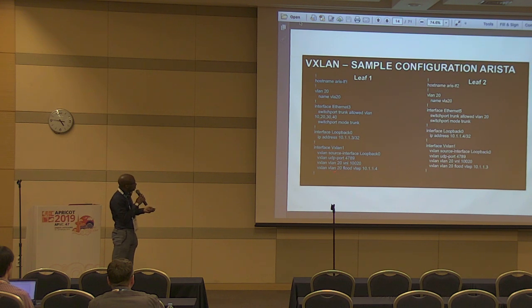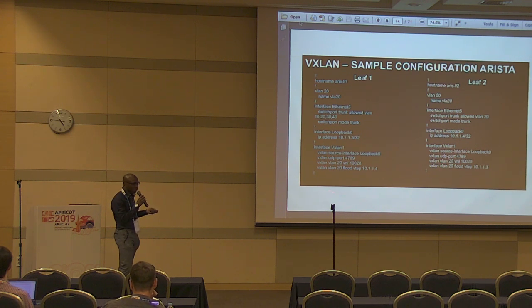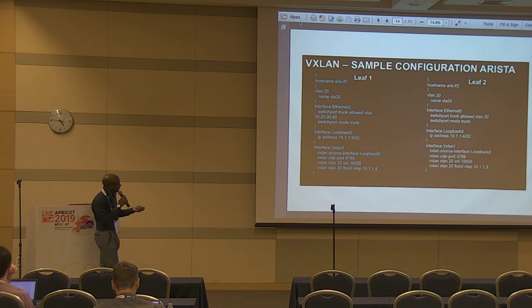Because there's no auto discovery within VXLAN, this is vanilla VXLAN configuration, no EVPN here yet. So you have to manually define your remote VTEPs, and these are defined there. Again, your VNI needs to be globally unique. So this is mapping my VLAN 20 to this VNI on this leaf. Again, the same needs to be done on the remote leaf as well.